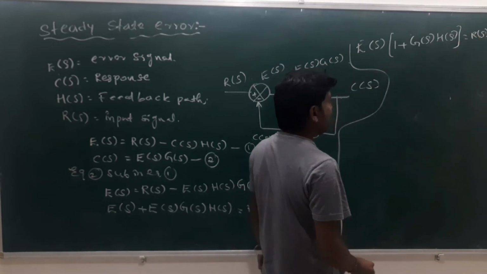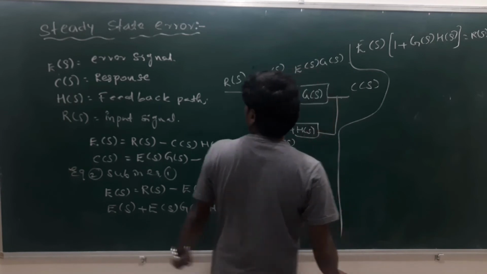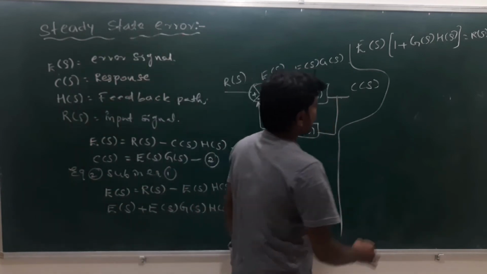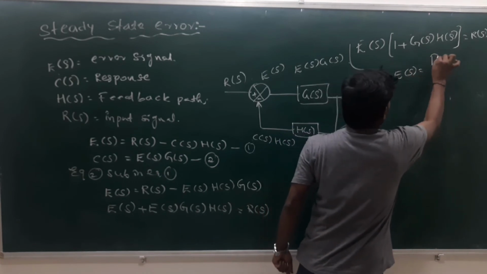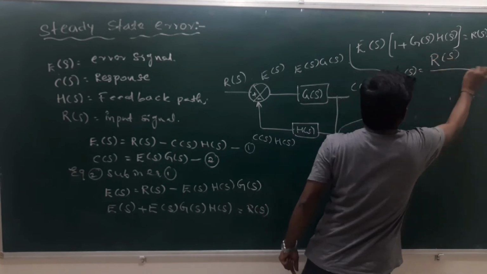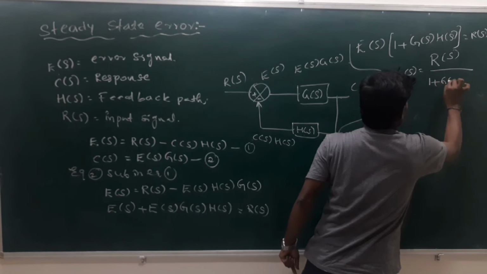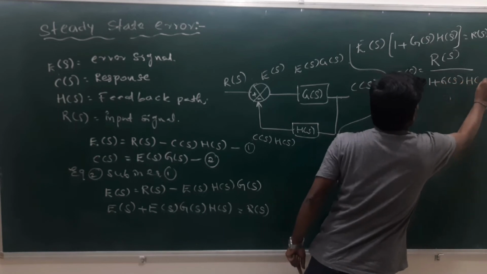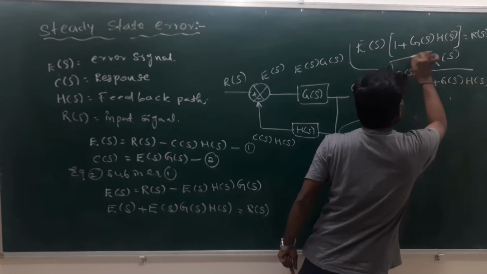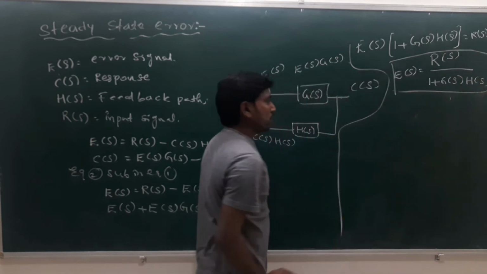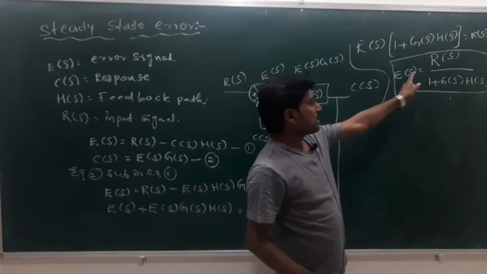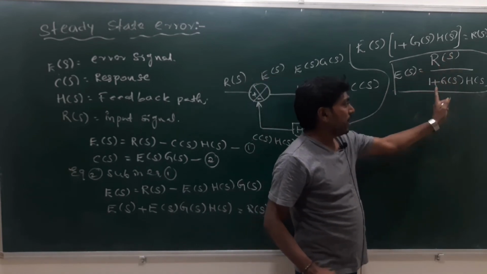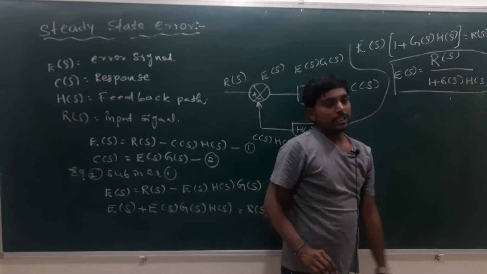So we need to find the steady state error. E(s) is equal to R(s) by 1 plus G(s) into H(s). This is the steady state error for a closed loop system.